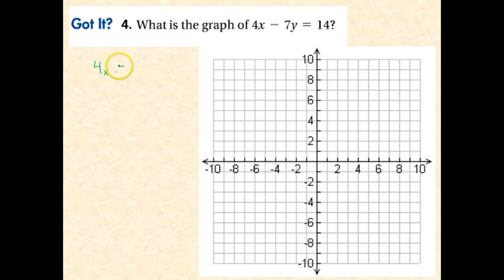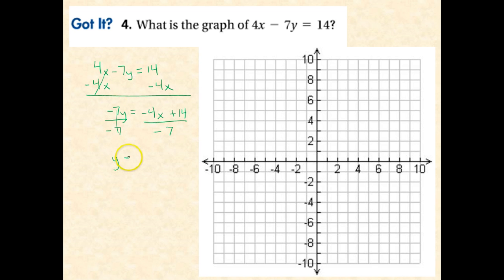So we got 4x minus 7y equals 14. In order to get y by itself, we would need to subtract 4x from both sides of the equal sign. And we've got negative 7y equals negative 4x plus 14. Then to get y by itself, we would divide by negative 7.